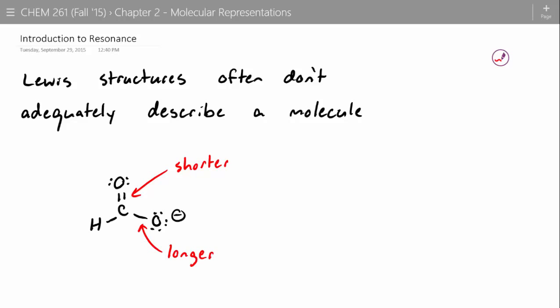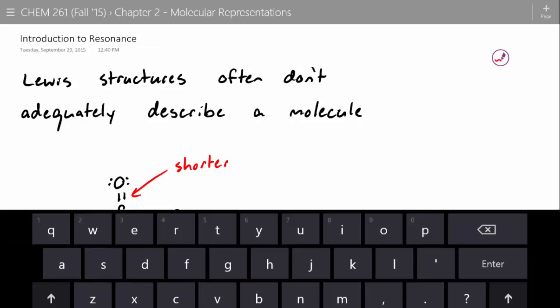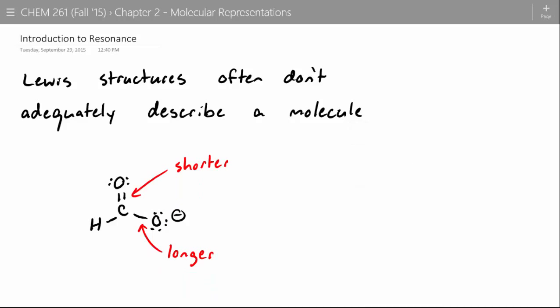In fact, we can go through and even predict that a double bond in general is typically about 1.2 angstroms, so pretty short. A single bond is typically about 1.43 angstroms.